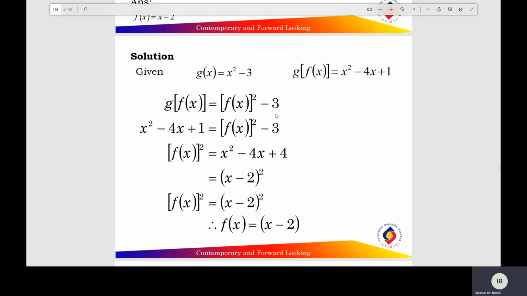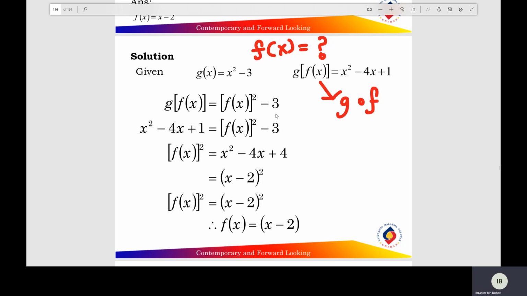First, the function g(x) equals x squared minus 3, which is a quadratic function, and you find f(x).